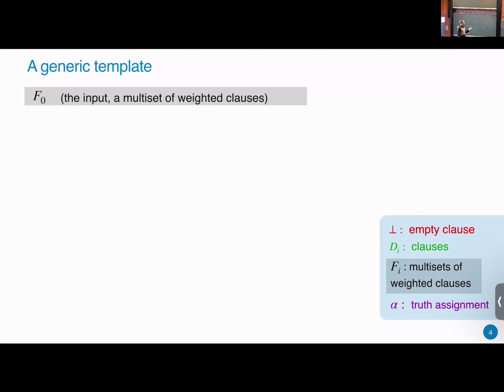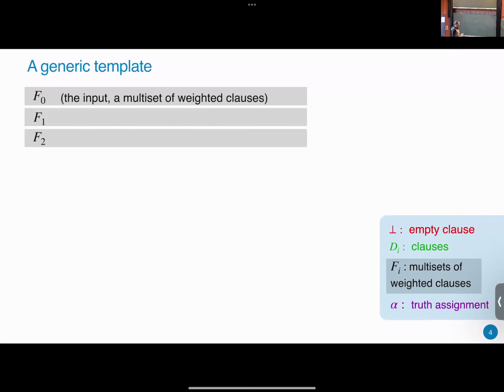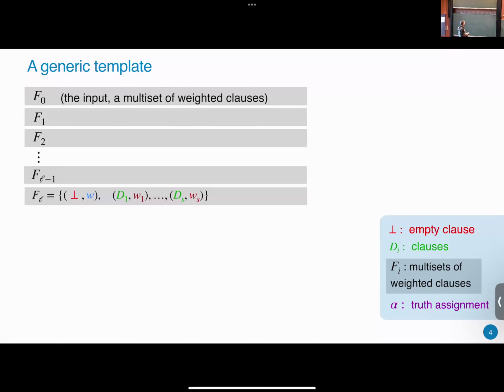Again, you can think of the weights as given or as something that could be chosen. And now at time 1, there will be some operation, substituting some of the clauses with some other clauses, and that will depend on the system. And then we keep doing this, and eventually at time L, we arrive at a multi-set of clauses that contains the false clause with some weight, and then other clauses.